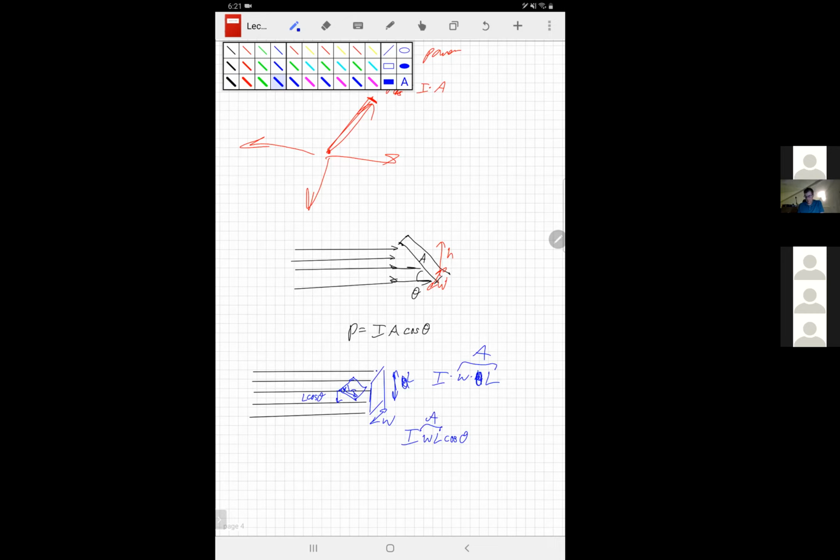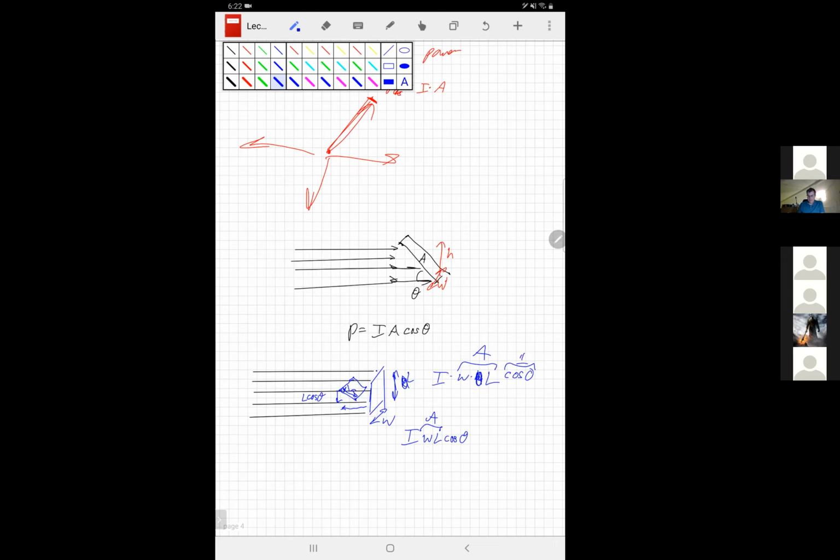You might say, why is there no cosine theta in the top case? Well, what's the angle between the normal to the surface and the rays in the top case? 0. Yep. And cosine of 0, last I checked, is 1.